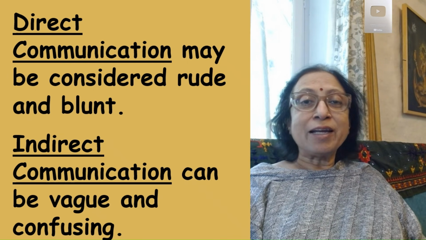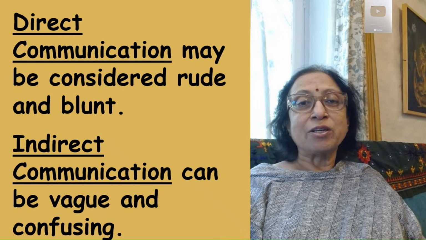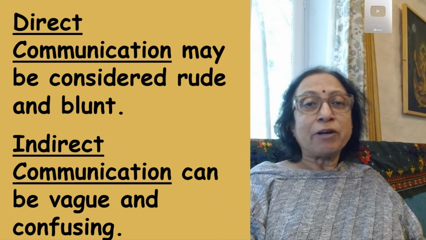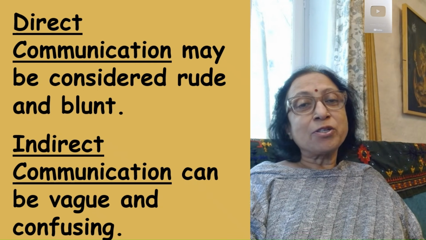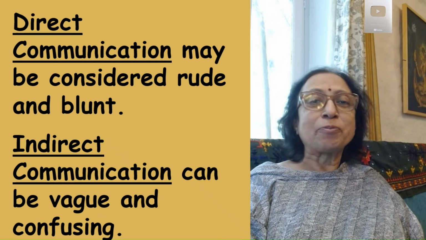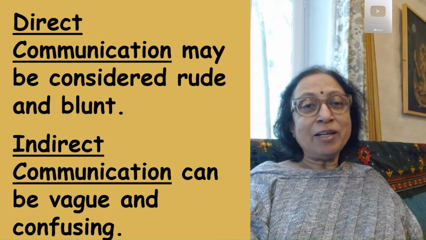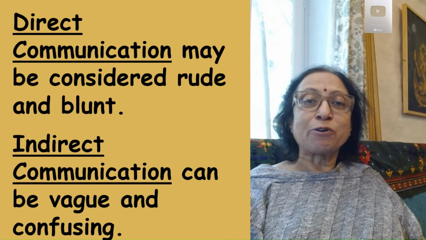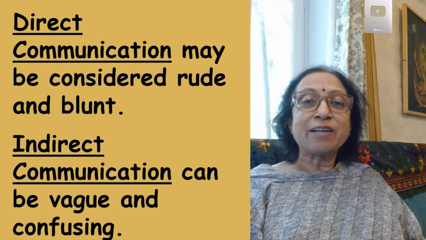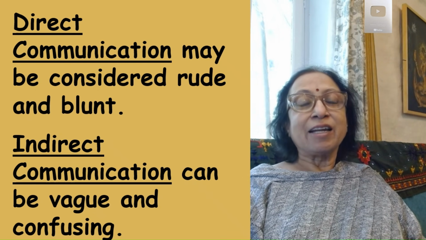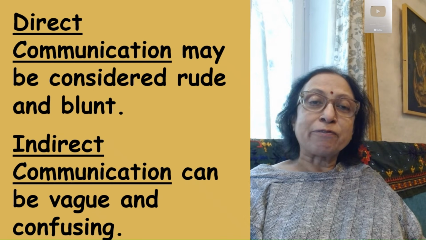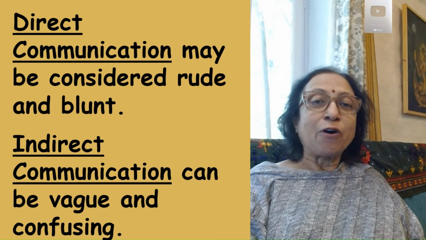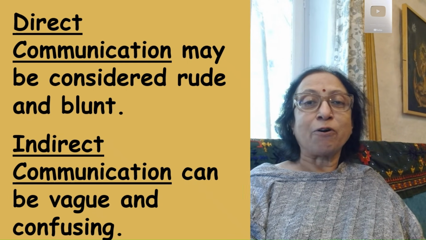You go to eat in a friend's house, and that friend says, what would you like to have? What do you prefer having? Then you say, oh, anything which you prepare, I will have. It's very polite, it's very decent. But it's very confusing for the host when you don't give some direct hint as to what you prefer, what you're allergic to, what you can't eat, or what you completely avoid.